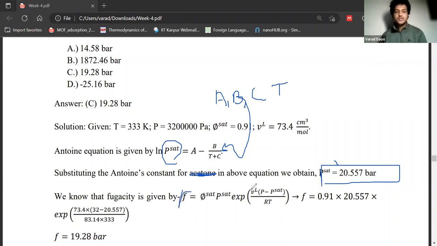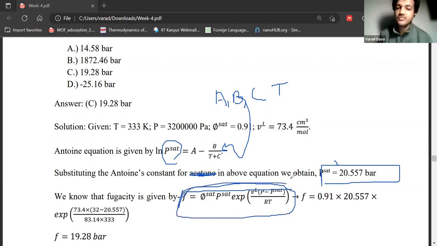And we know that the fugacity is given by the Poynting correction. This is the expression by which we get fugacity for liquid using the Poynting correction factor: phi sat multiplied by P sat multiplied by the exponential of VL into P minus P sat divided by RT. We just put in the values. Phi sat has been given as 0.91.